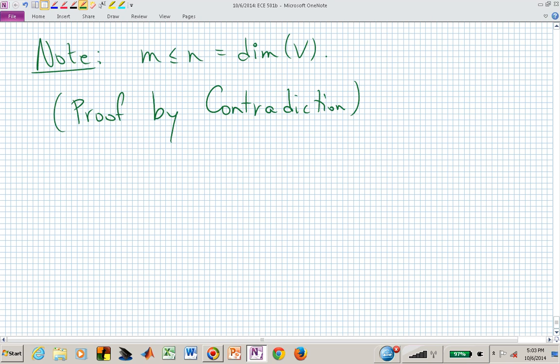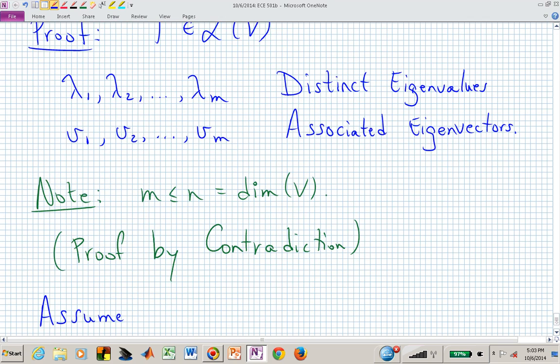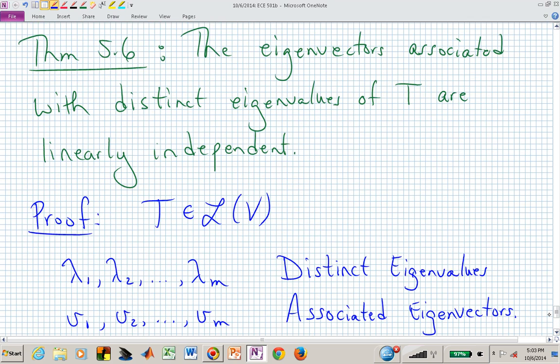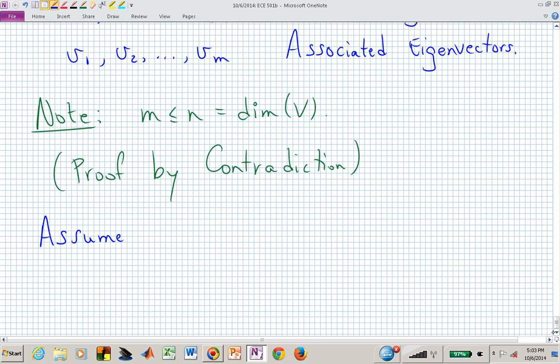All right, so now let's assume, now, what are we saying? In the theorem, we assumed that our eigenvectors were linearly independent. Let's now assume those eigenvectors are linearly dependent. That's negating the last statement, or statement B. So now assume v1, v2, up to v sub m, that list, is linearly dependent.